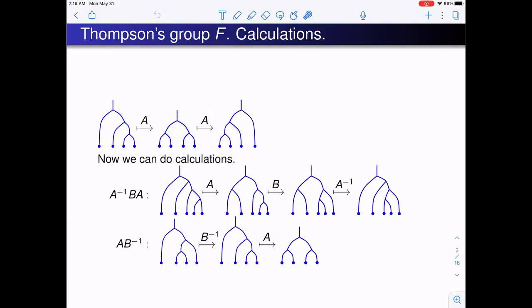And after this, we can do calculations in the group. For example, we can figure out that element, and it was one of the elements in the relation in the Thompson group. So we can do A first, then B, then A, so from right to left. And you see, I will need those extra carets here. For example, for this one, that whole thing here is the same, so I can suppress it.